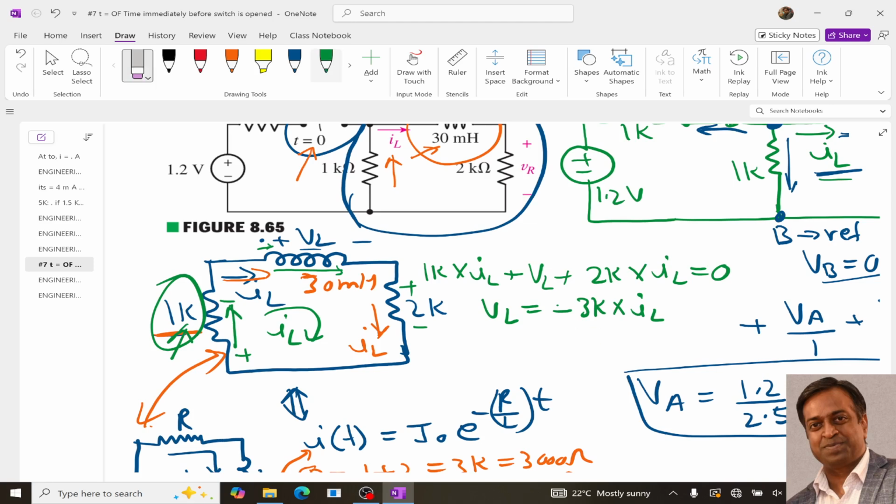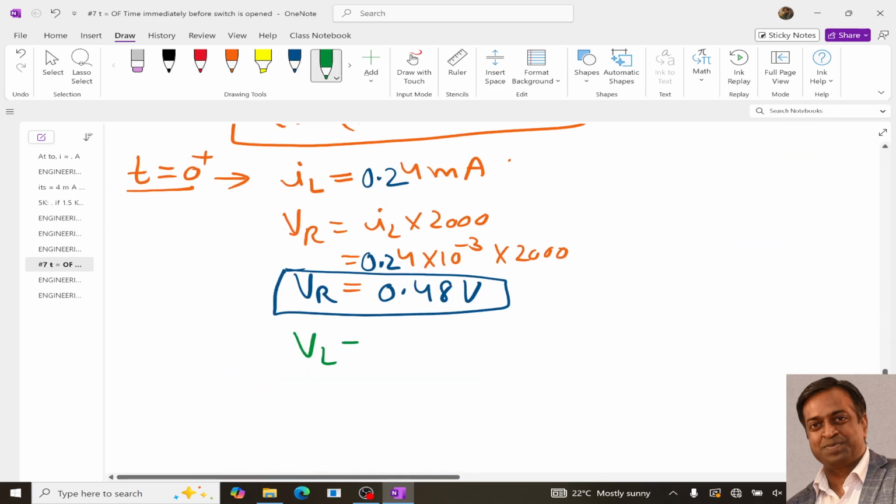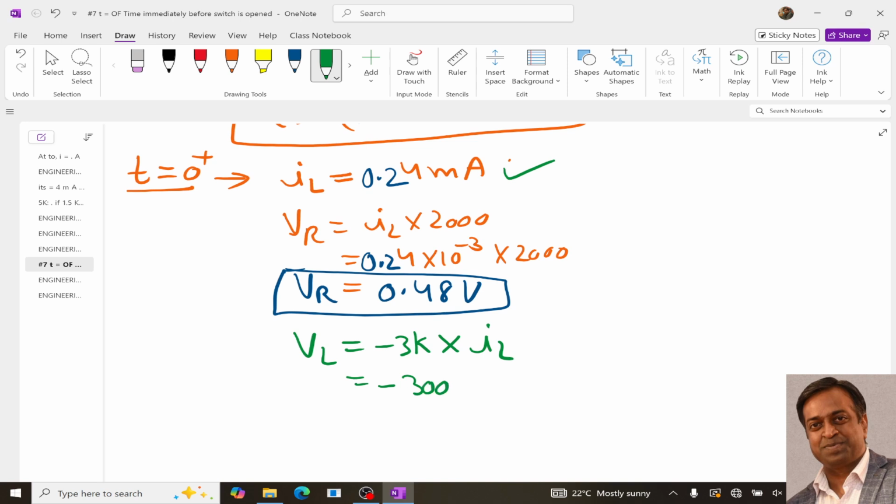So VL is equal to minus 3K into IL. Our IL is this, so minus 3000 into 0.24 into 10 power minus 3.